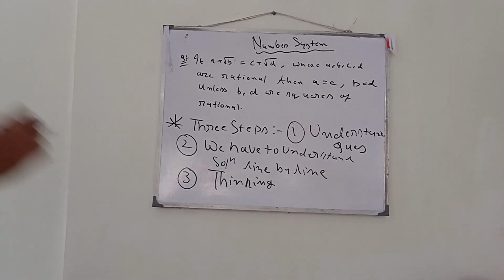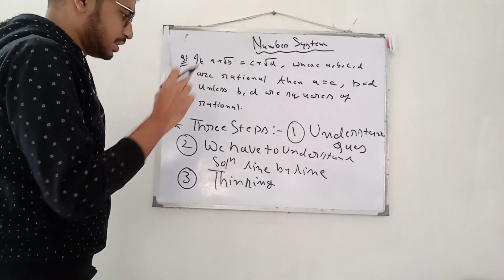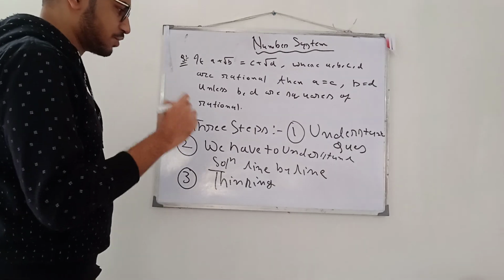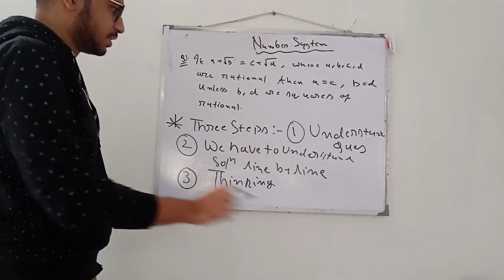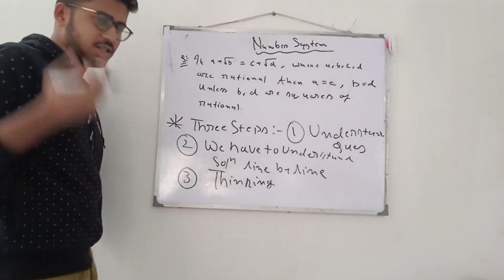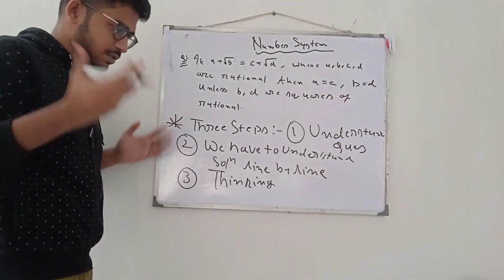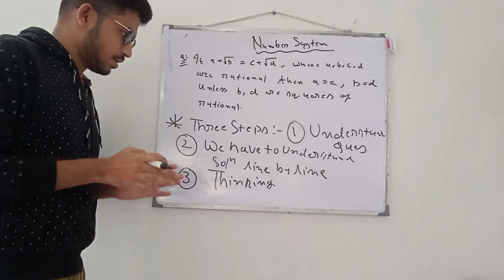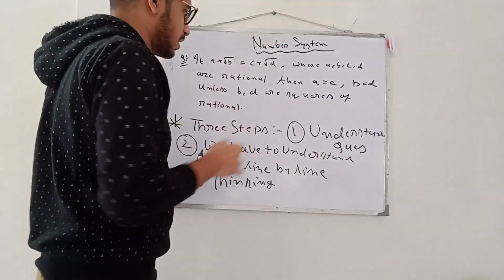First, understand the question. Second, we have to understand the solution line by line. And the third step is thinking. These are the 3 steps of solving problems in our YouTube channel and in our classes. So let's first understand the question.